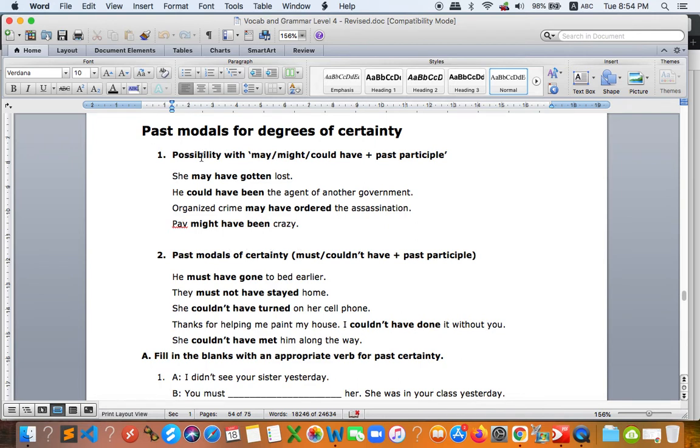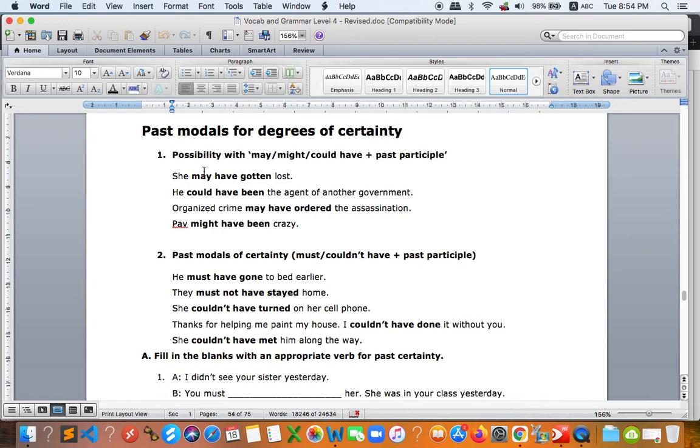Past modals of certainty are the same thing as possibility, but this one expresses more certainty. Something is more certain than the previous one, so we can use must or could and have. Could or couldn't is also in this part, just because could here is more certain than may and might, and that is similar.